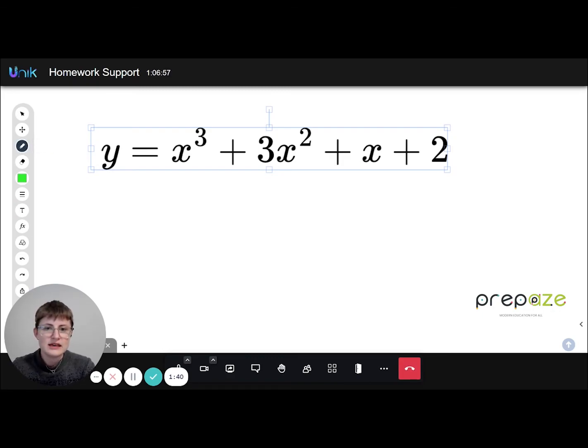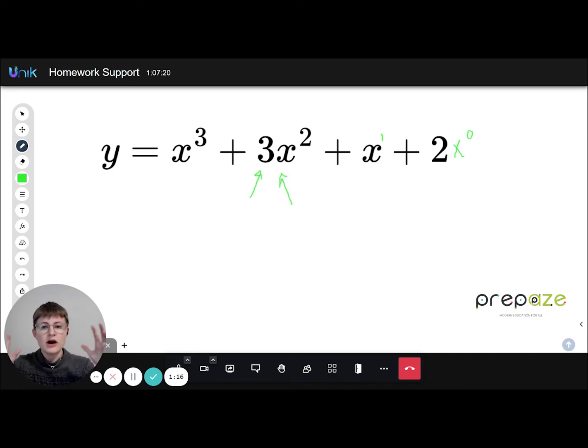Second to last is the exponent with the invisible 1, the identity exponent. And then, like I talked about in the previous slide, our constants are x to the 0th power. So we're always writing them in descending order. And this is an example of products of the two types of terms. We have the constant 3 and the variable x. Those are some terms. And right now, all of these terms are connected with the arithmetic operator addition, although we can switch that up with subtraction, multiplication, and division.